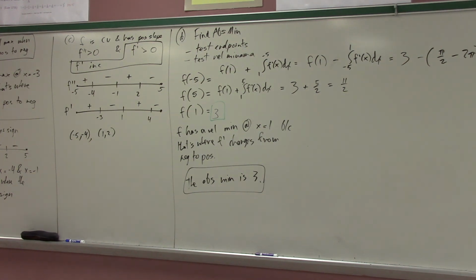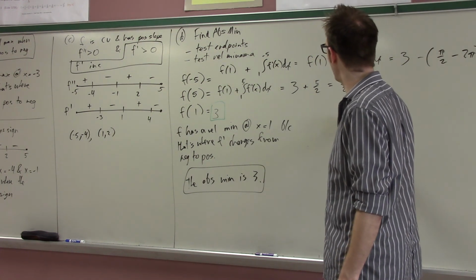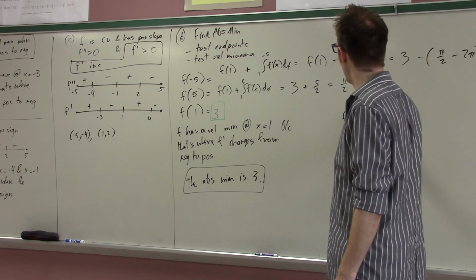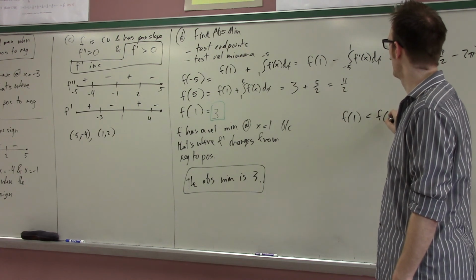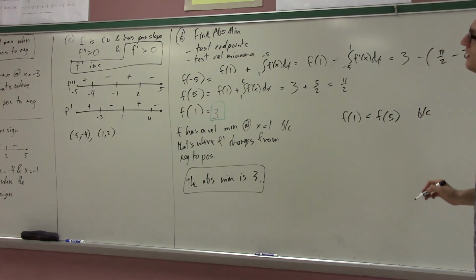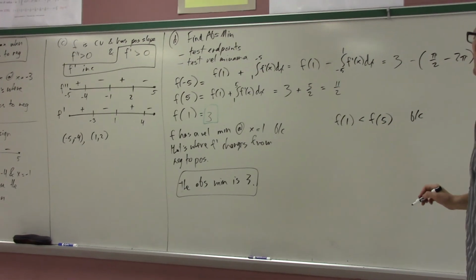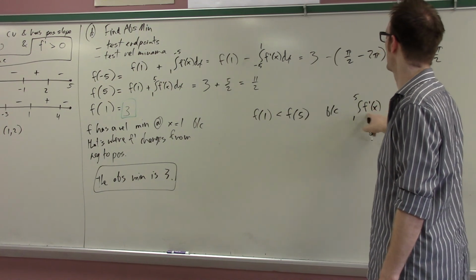There are also arguably some shortcuts. Instead of actually computing them, you could say that f of 1 has to be less than f of 5, for example, because the integral from 1 to 5 of the derivative is positive.